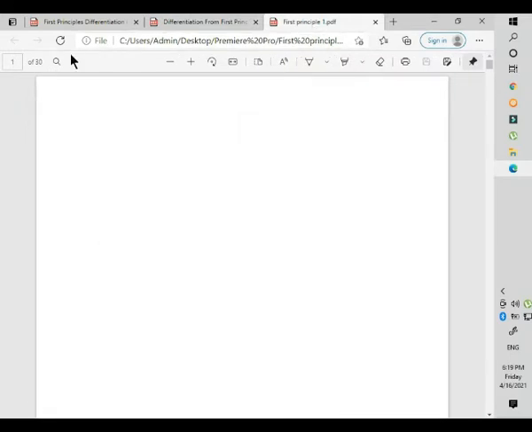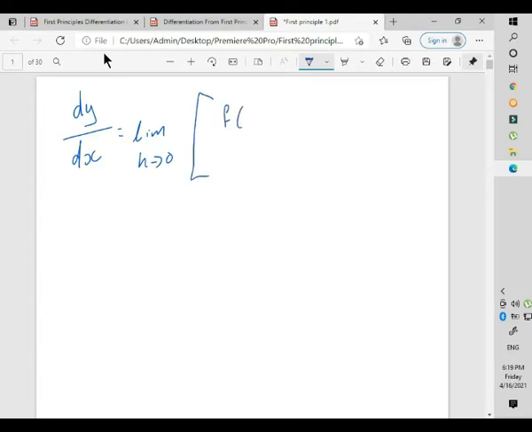So dy upon dx is equal to the limit as h approaches 0 of f of x plus h minus f of x, all divided by h.